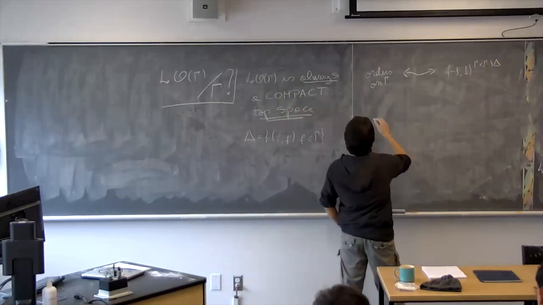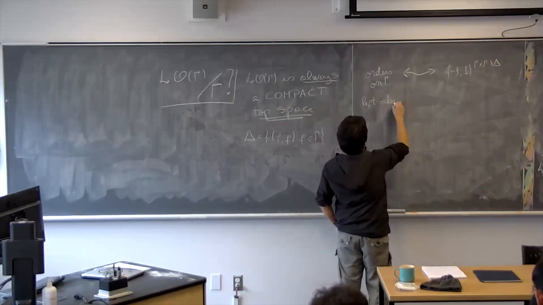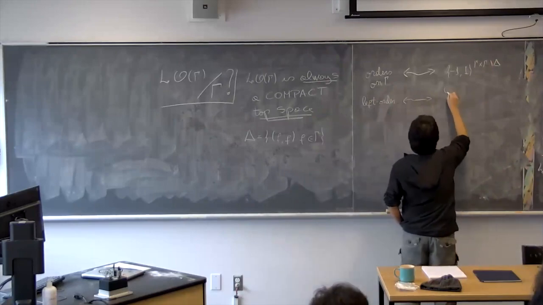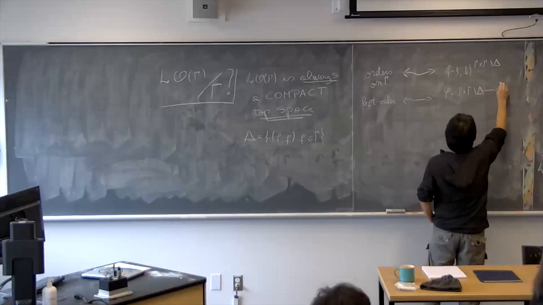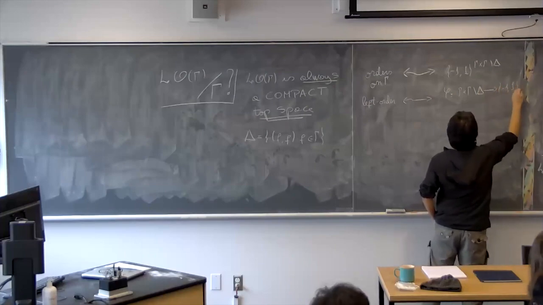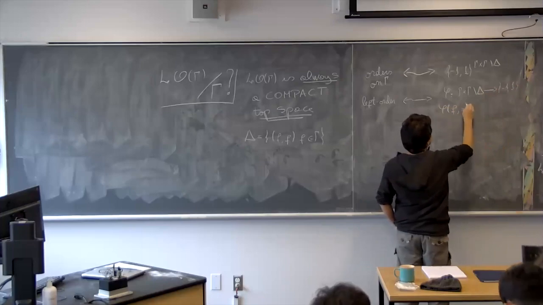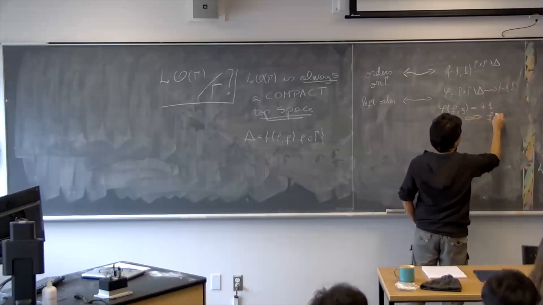For instance, if you take a left order, this corresponds naturally to a function from this product minus the diagonal to -1 and +1, which says that phi of (f,g) is +1 if and only if f is larger than g.